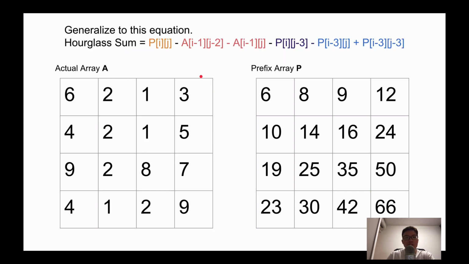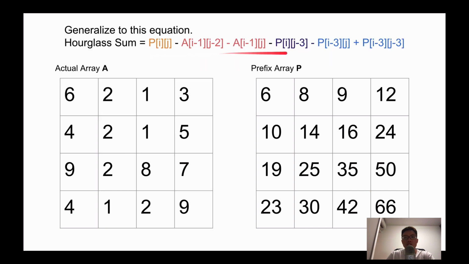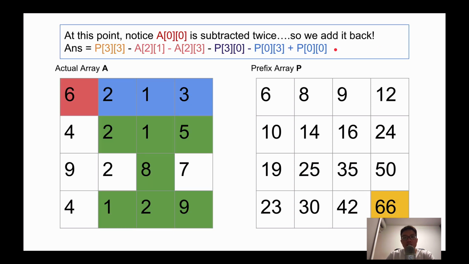So we can generalize our formula to this equation. If you're still not convinced that we can generalize to this equation, I would highly recommend you try drawing everything out, the 2D matrix and the corresponding prefix sum, on pen and paper, to visualize how this generalization works. Essentially, I came up with this generalization by taking reference from this frame.